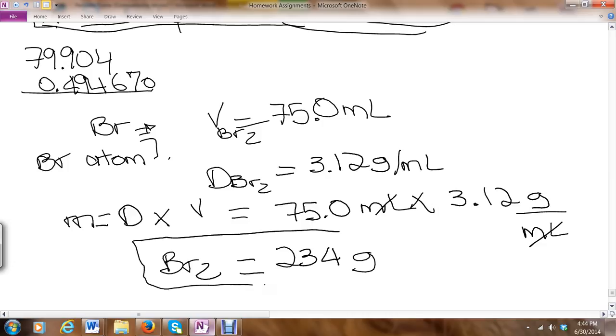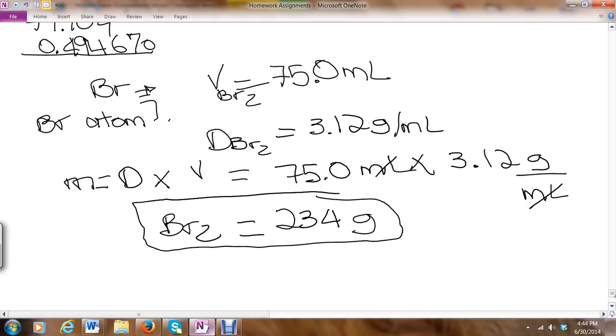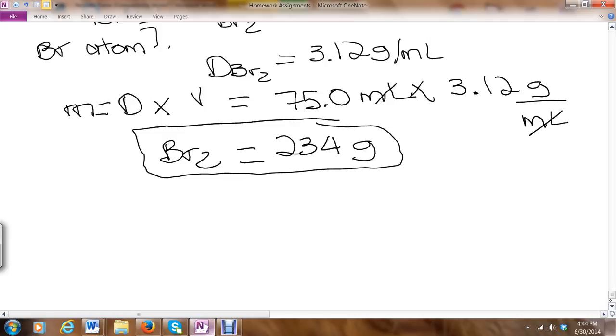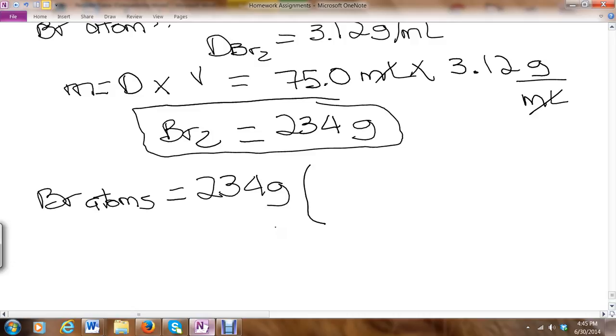Now, they're asking for the bromine atoms. How many atoms of bromine do you have in a molecule of Br2? You have 2. So what do you have to do? First of all, they're asking for the number of atoms. How do you calculate the number of atoms of Br? You first do the conversion from grams to moles, divided by the molar mass.